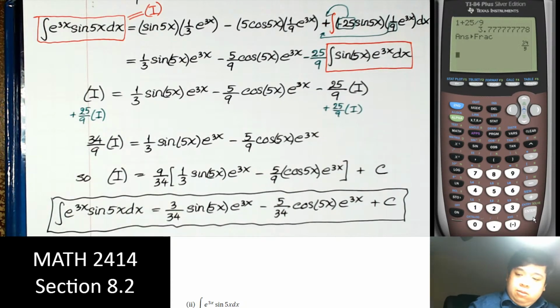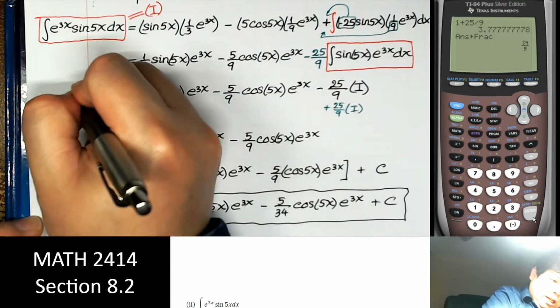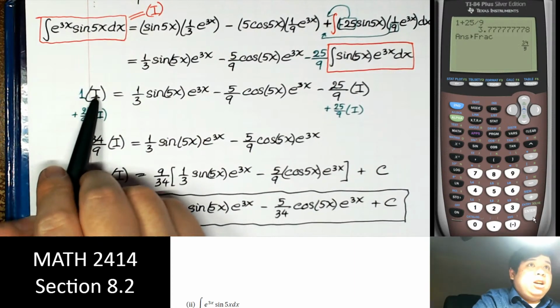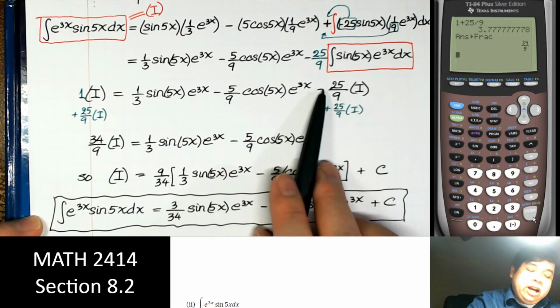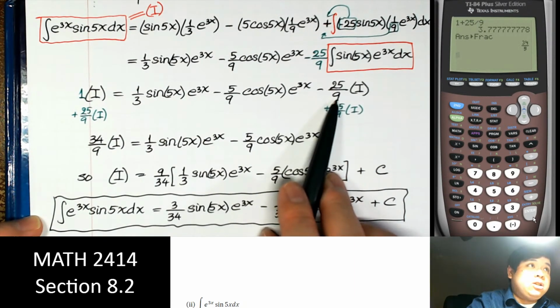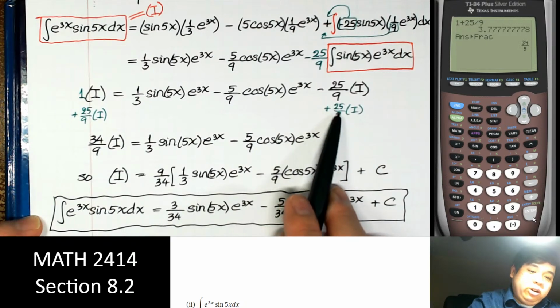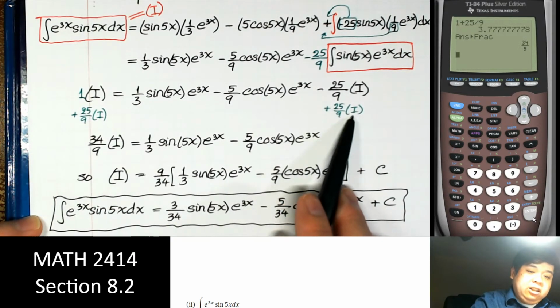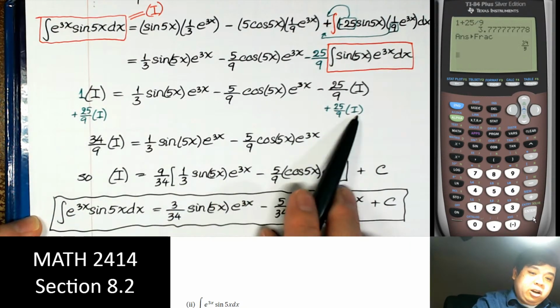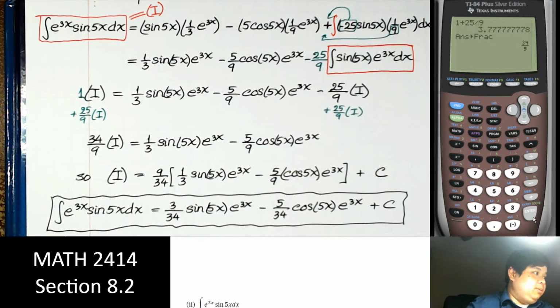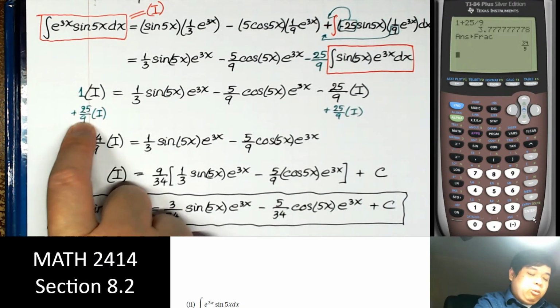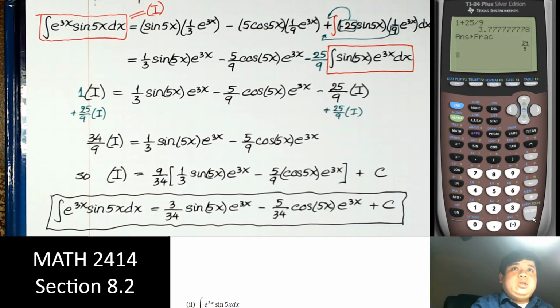Oh, we have 1 I on this side and negative 25 over 9 I on the other side. So what we do is we're going to add 25 over 9 times I on both sides. 1 plus 25 over 9 is 34 over 9.